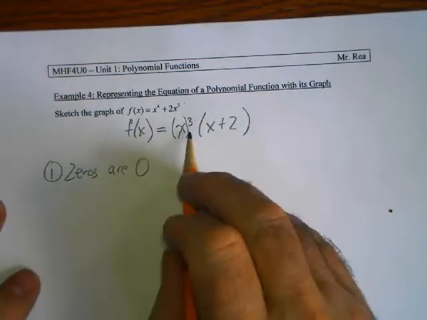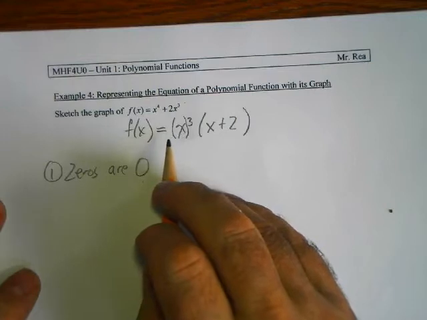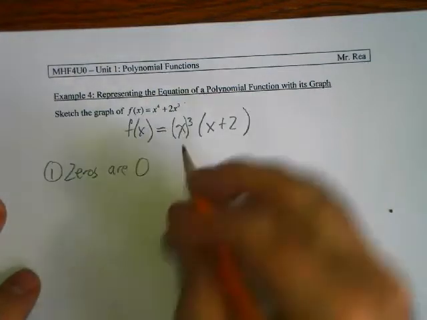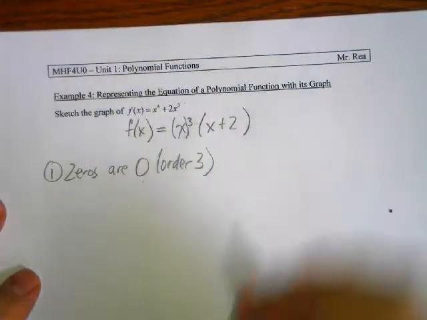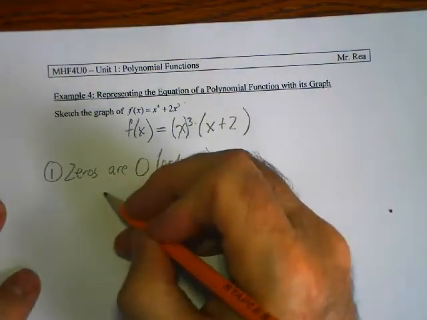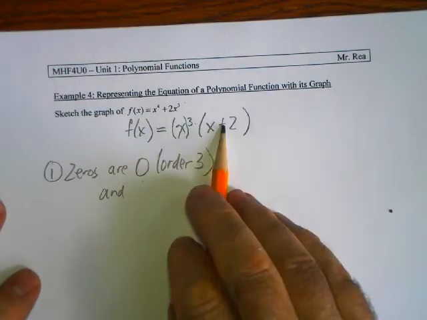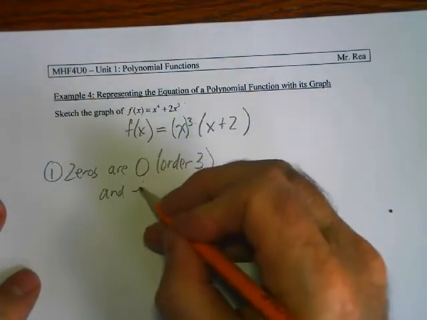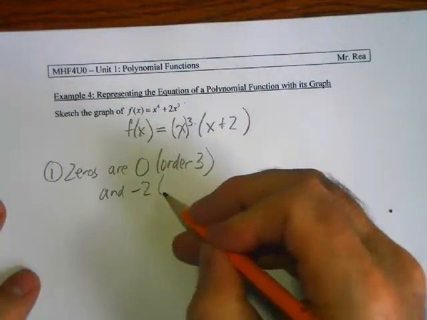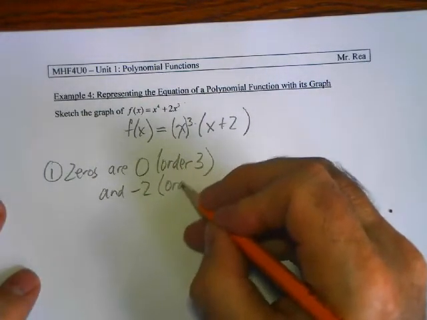So this 0 at 0 has order 3 because of the exponent 3. And the second, this factor here creates a 0 at -2. And because it doesn't have an exponent, it's implied 1, so that's order 1.